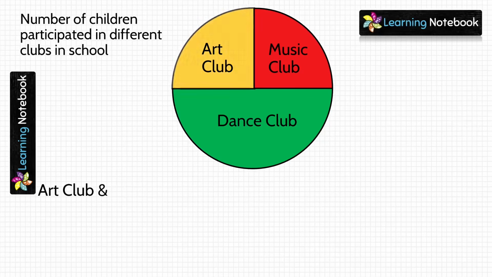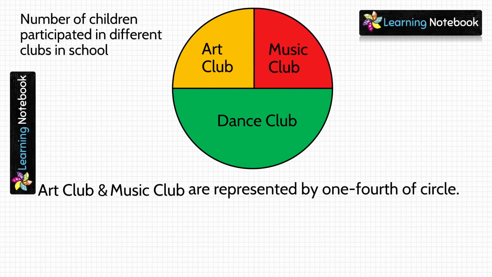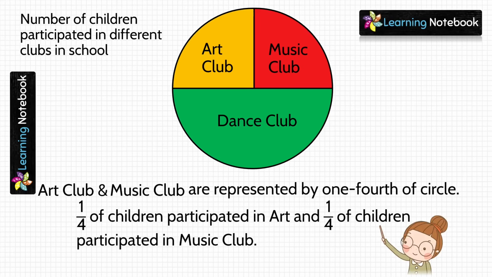Next, art club is represented by 1/4 of the circle. And in the same way, music club is also represented by 1/4 of the circle. So this means 1/4 of children participated in art and 1/4 of children participated in music club.